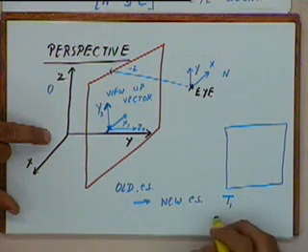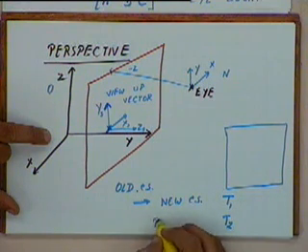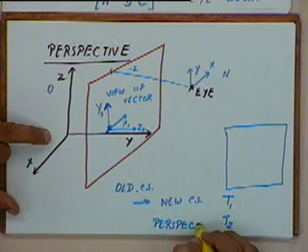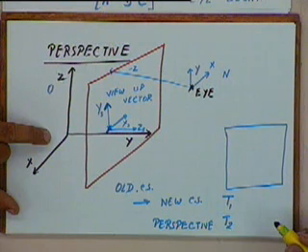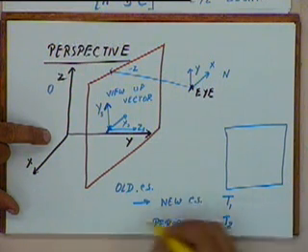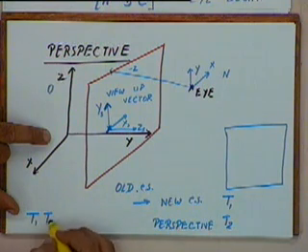T2 is the perspective transformation, and the complete transformation involved is T1 multiplied by T2.